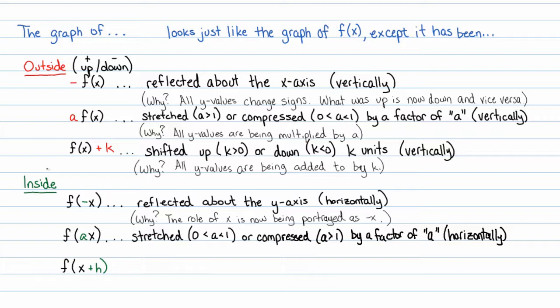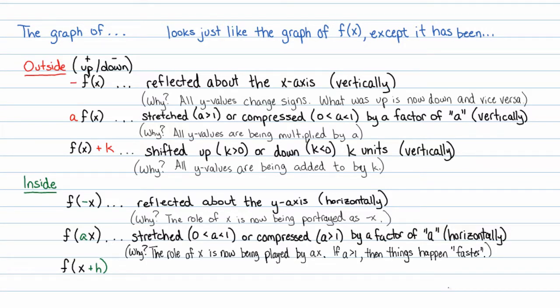Remember when on the outside, when a was like 3, that meant everything was 3 times as big. That makes sense. But here, when a is 3, it means that everything is squished by a factor of 3. It's kind of counterintuitive. And that's pretty traditional for the stuff that happens on the inside. The stuff that happens on the inside usually is opposite of what you would think.